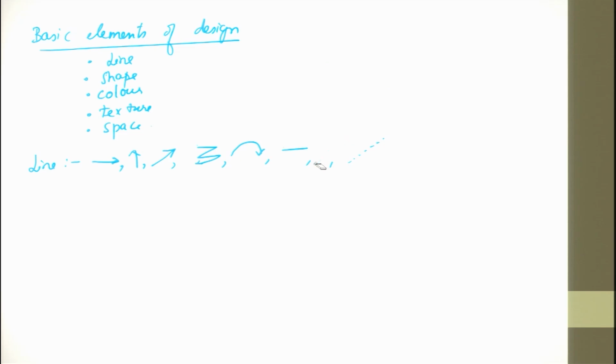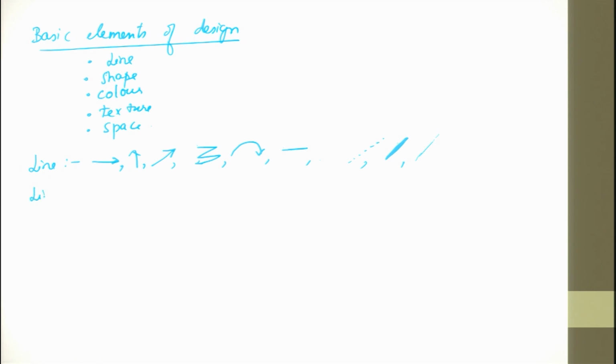So, I would remove this line and I would make it dotted. It can be bold and it can be fine. So, these are all different lines which are used basically to draw the basic elements of the design.